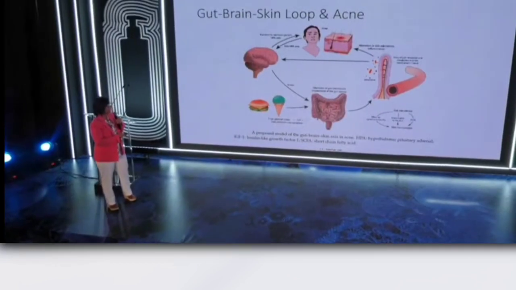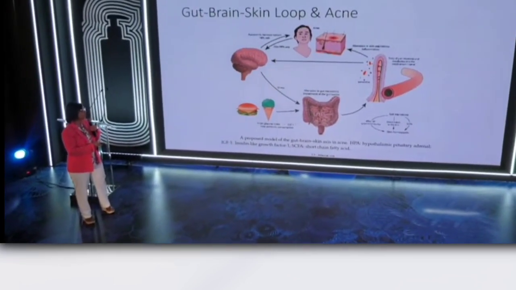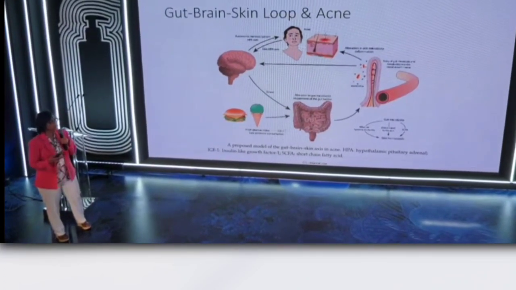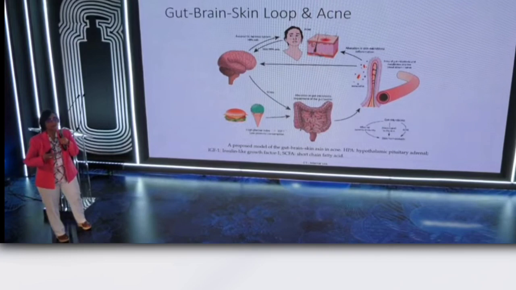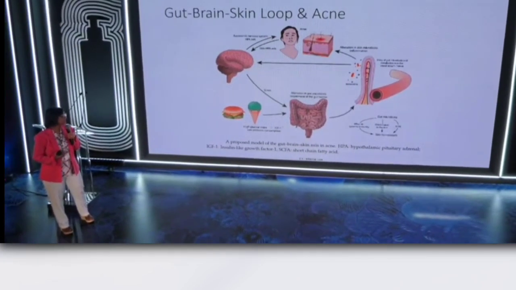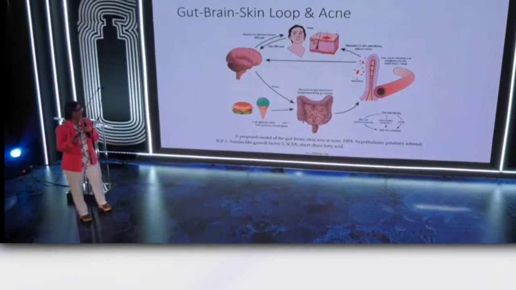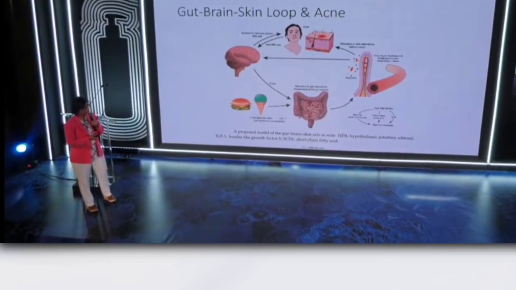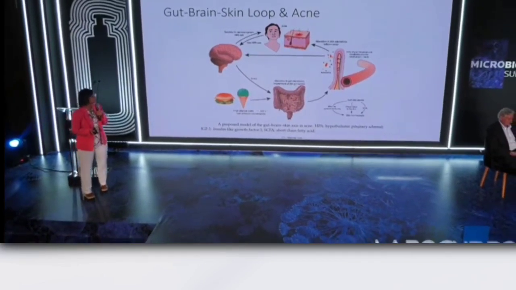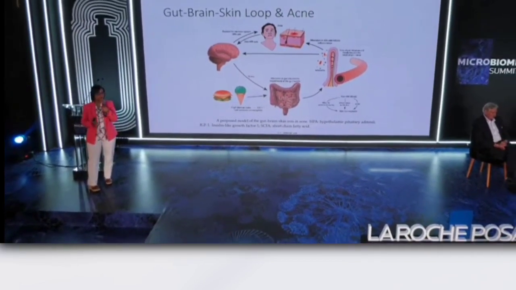And it has been shown that stress will interfere with the gut microbiota, and these gut microbiota have also a relationship with the skin microbiota by more inflammatory mediators and emphasizing acne in all those patients. So there is now what is known as the gut-brain-skin loop that has a role in acne.